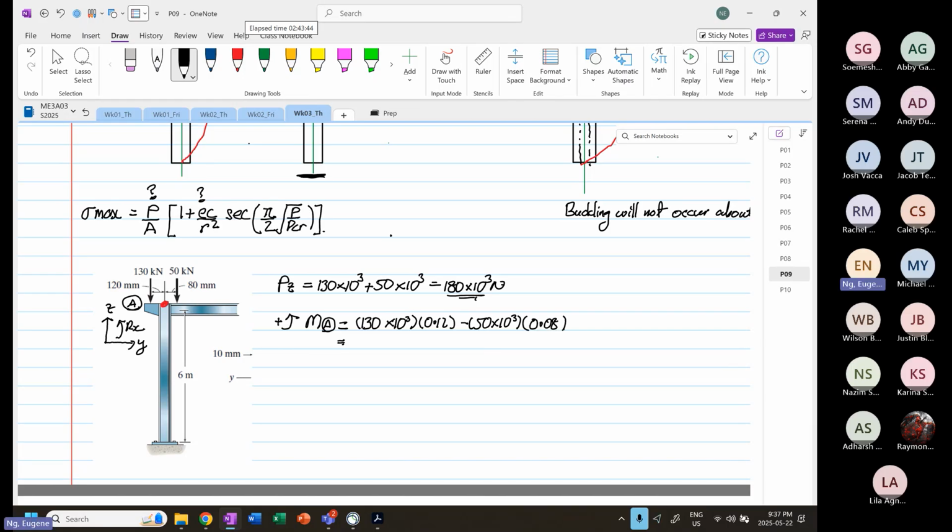Because the 130 and the 50 are fighting against one another relative to the geometric centroid, 130 times 10 to the power 3 times 0.12 minus 50 times 10 to the power 3 times 0.08 is equal to 11600, or 11.6 times 10 to the power 3 Newton.